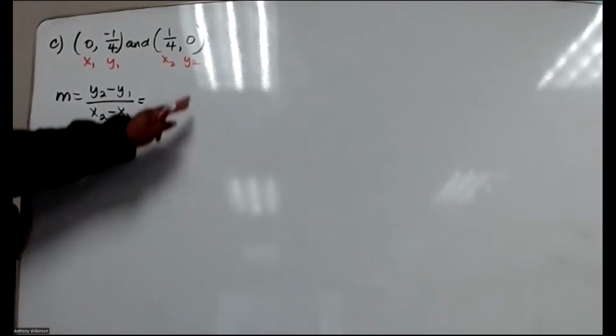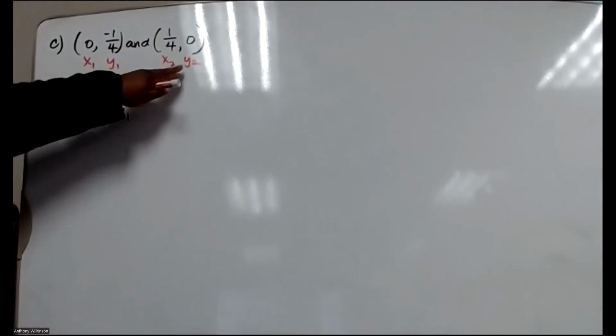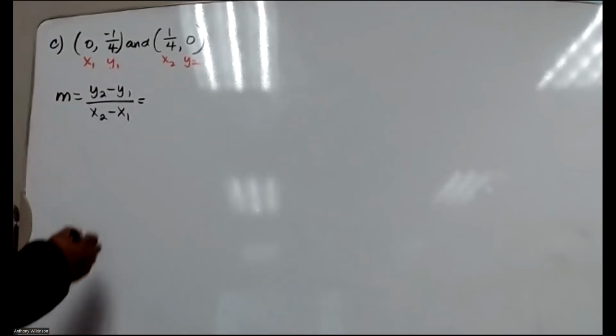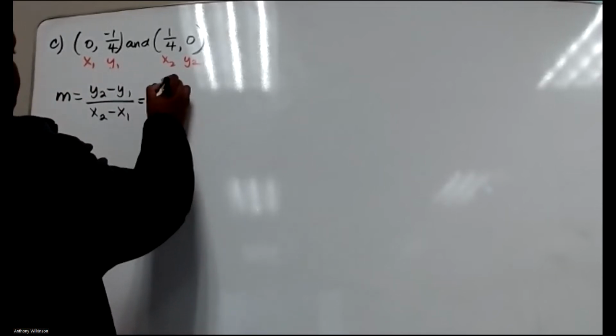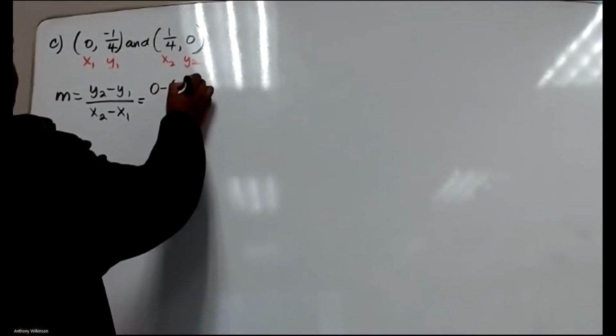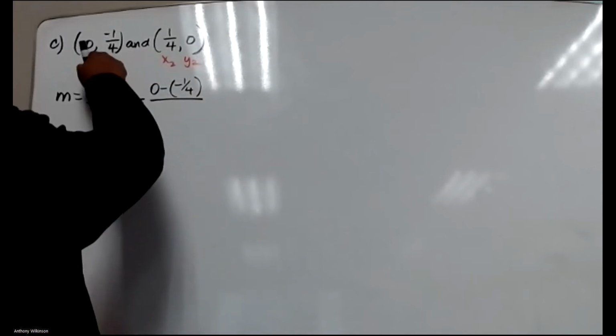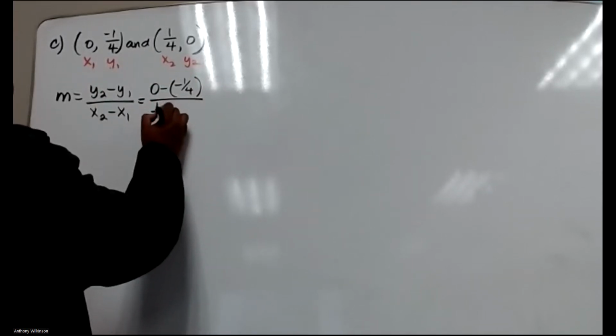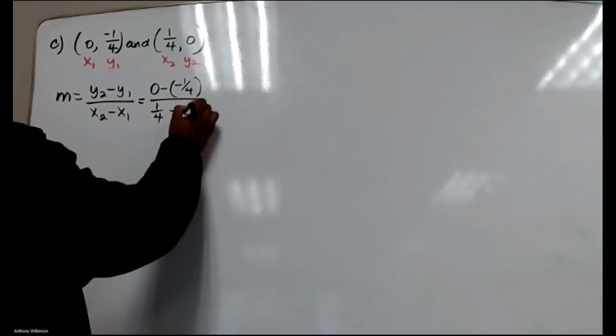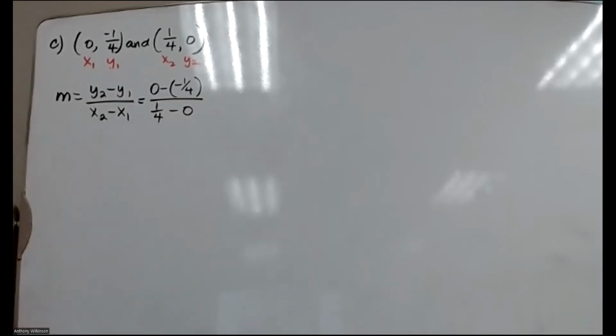In this case, y2 minus y1 will be 0 minus a negative 1/4, divided by x2 minus x1, 1/4 minus 0.